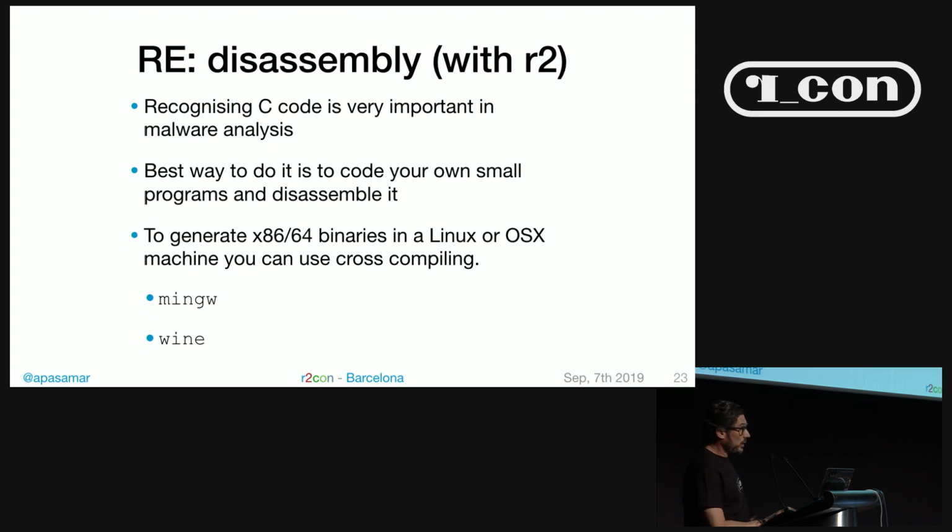Well, the best way, with no doubt, is to code your own small programs, tiny programs with an if, a while, a case, switch, etc., and then disassemble them, so you can understand each part and recognize these constructs. Then it will be much easier for you to do malware analysis with real samples.